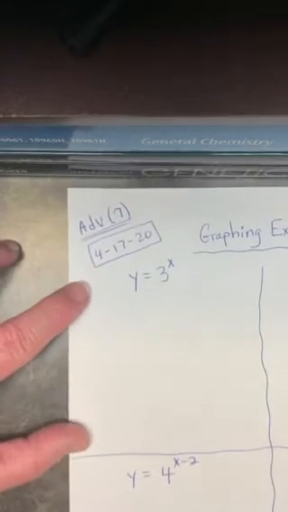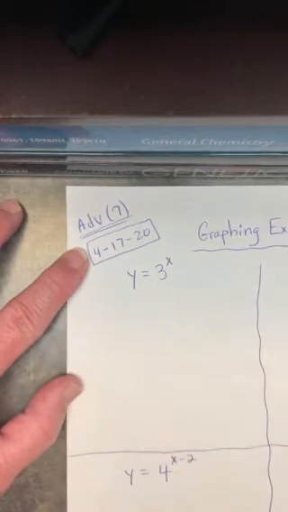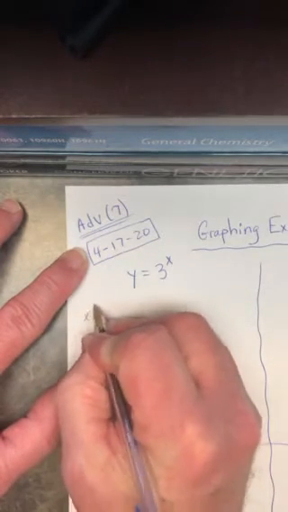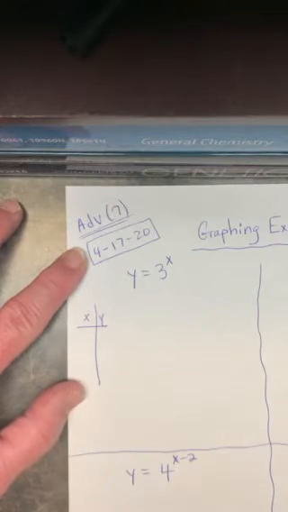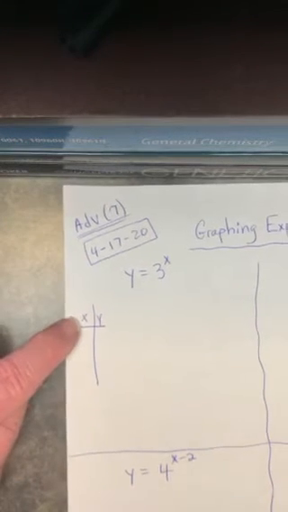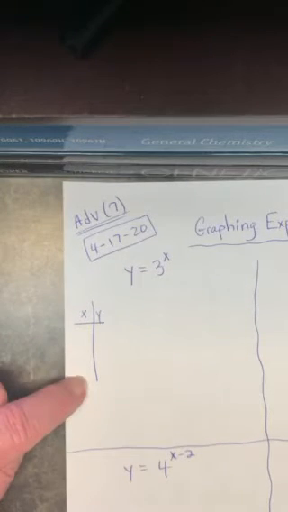If we focus on block number 1 here, y equals 3 to the x power. Guys, on all four of these, every time you're graphing an exponential function, you're making an xy table off to the side. And that table only needs to be big enough to fit 3 numbers, okay?